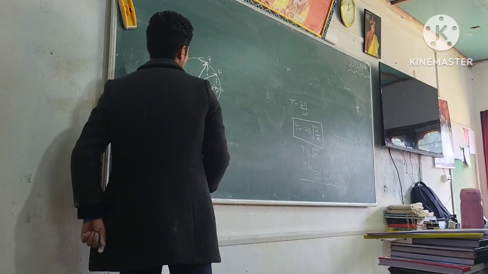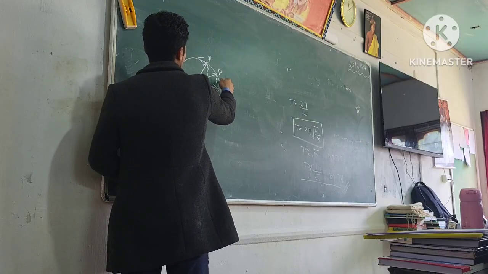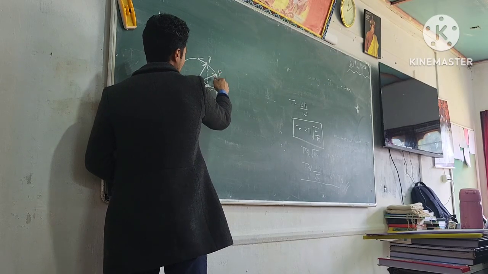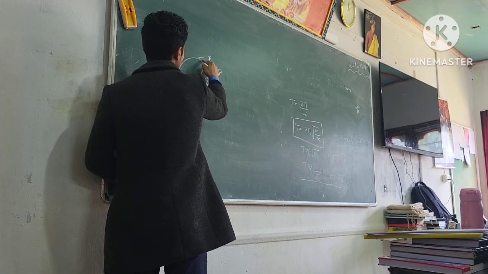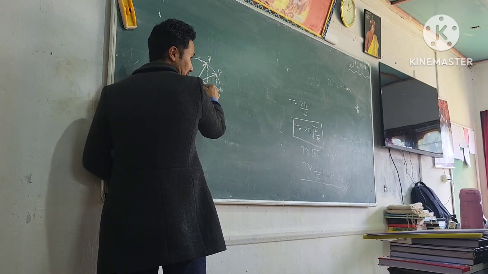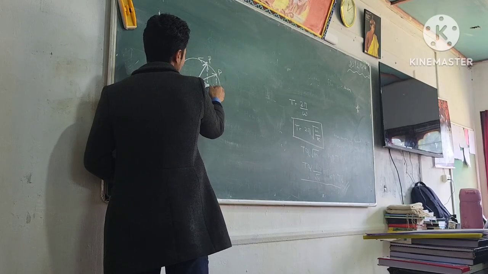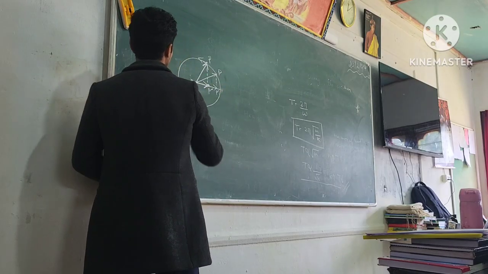As the particle position is changing, when P is here, P prime will be here. So as P is changing, our P dash is also changing.